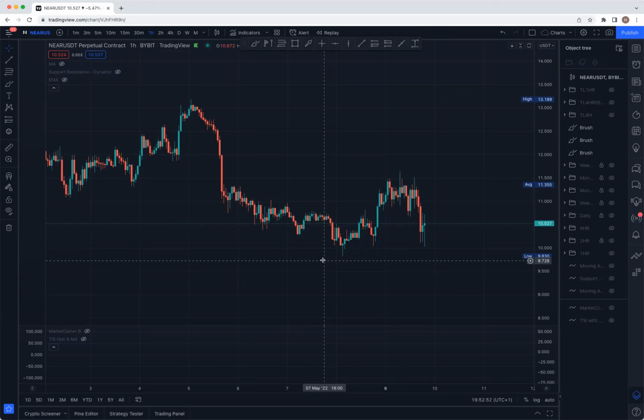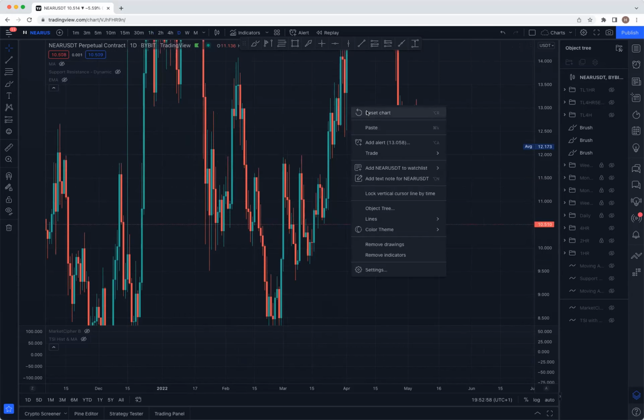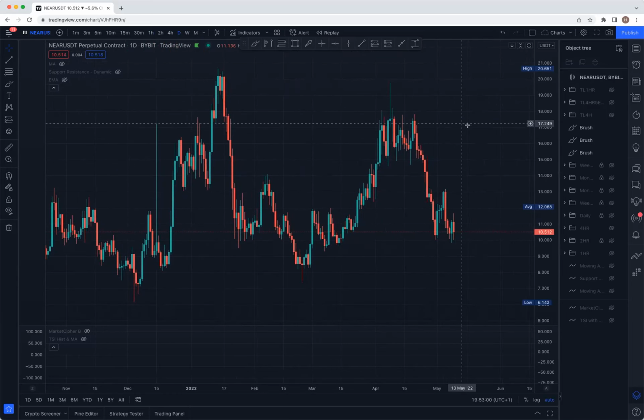As I said to you, let's be on the daily candles, which means each candle here is one day. You will realize that when we got to this area, ignore the candles. As I was saying, we have what we call the wick, and then we have what we call the body.